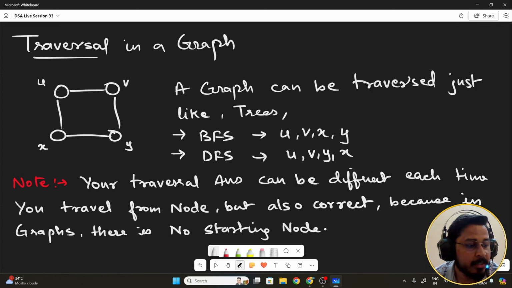In graphs, there is no starting node, guys. I hope this is very much clear to all of you. Clear? Okay.